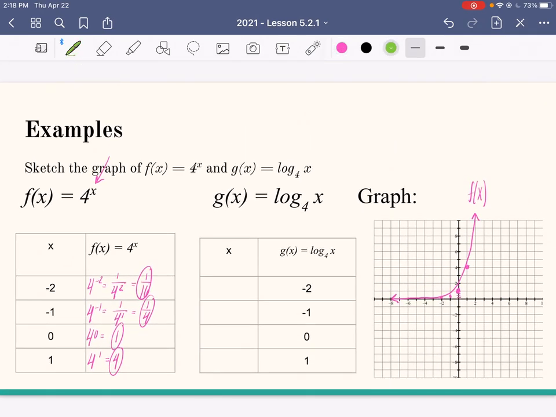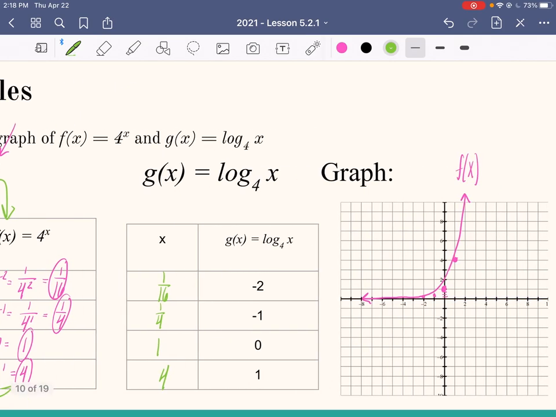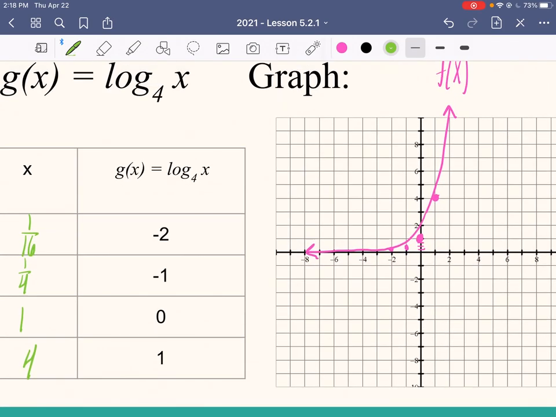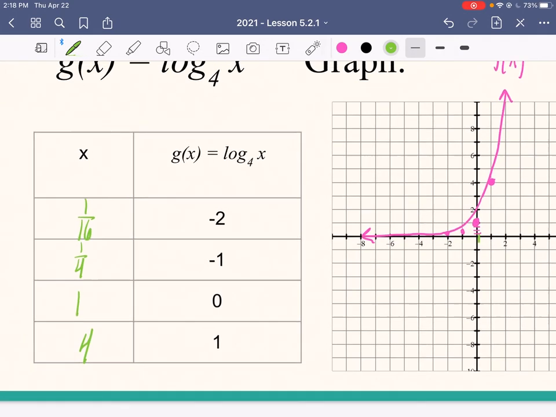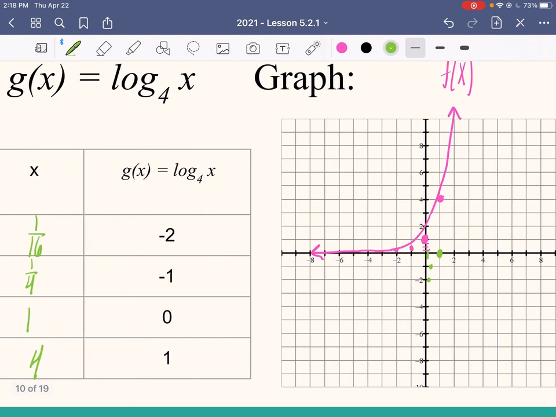And then g of x, we're just going to switch the x and y values. I don't even have to do work to plug these values in. So this will become (1/16, -2), (1/4, -1), (1, 0), (4, 1). So again, I'm just flip-flopping these.